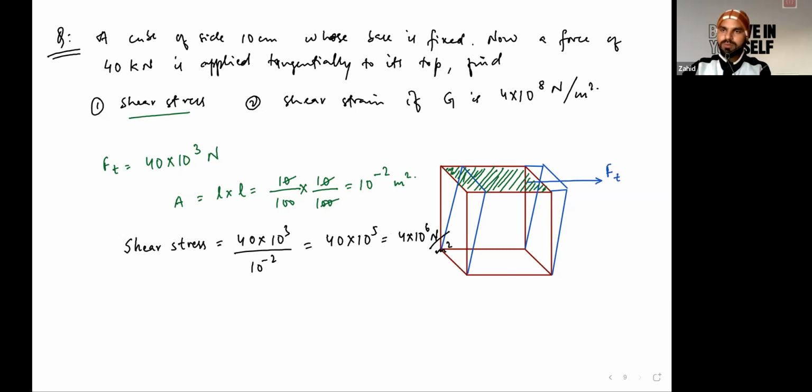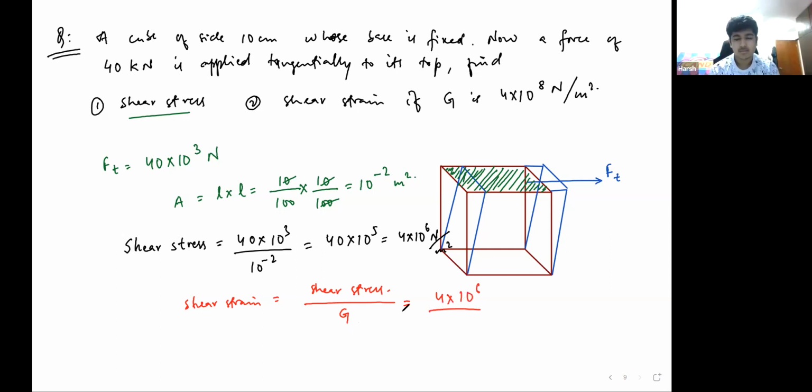Similarly, G equals stress divided by strain. So shear strain will be equal to shear stress divided by G. We have shear stress as 4 into 10 to the power 6, and the value of G is 4 into 10 to the power 8.